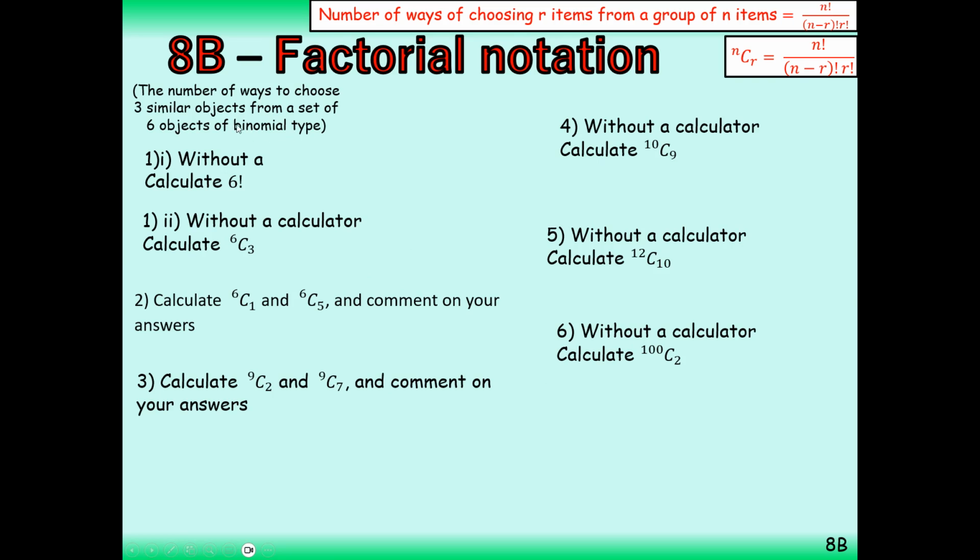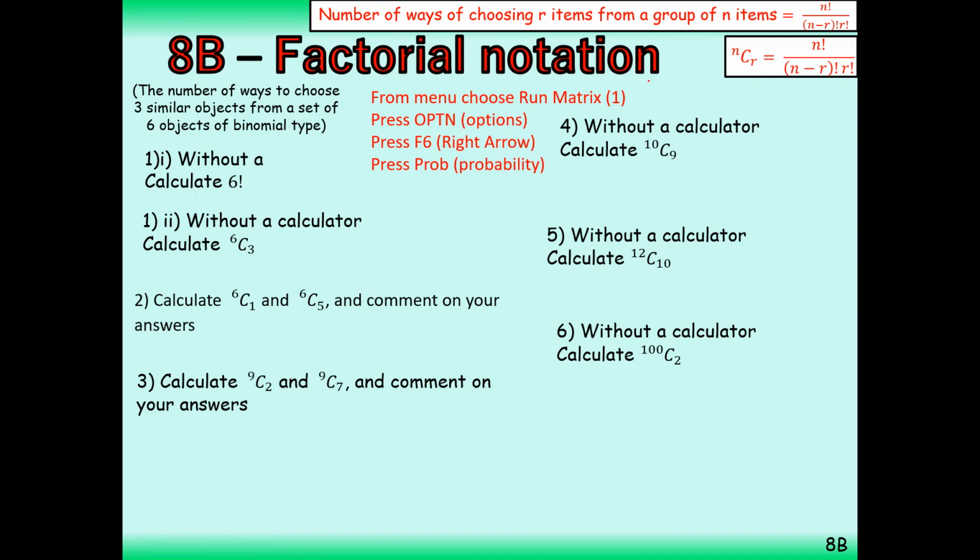So, I hope you've tried it. Without a calculator, evaluate 6 factorial. So, just write 6 times 5 times 4 times 3 times 2 times 1. Now, I'm showing you what to press for the calculator, the fx-CG50. If you have that calculator, this process will work for you.